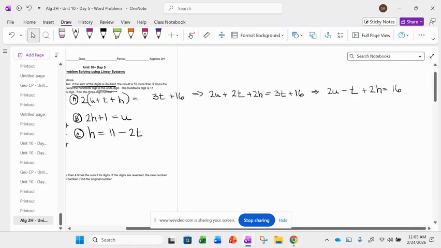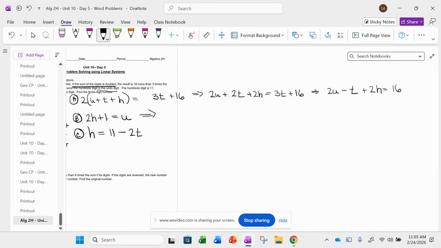Next one. Here we have 2H plus 1 equals U. So I'm going to keep the U where it is. I'm going to write plus 0T minus 2H equals what? Nope, positive 1, because I moved the 2H to the U. Everybody okay with how I got the second equation?